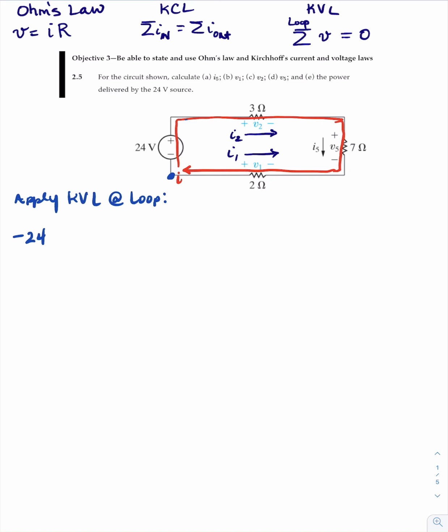Then we come around here, plus V sub 2, keep moving clockwise. We come to the 7 ohm resistor, and we're entering at the positive terminal, so it's plus V sub 5. And we keep moving around, and we're entering at the negative terminal for V sub 1, so it's minus V sub 1. And that brings us back to our starting node, so that is equal to 0.